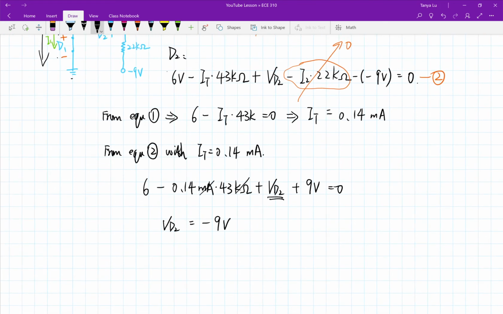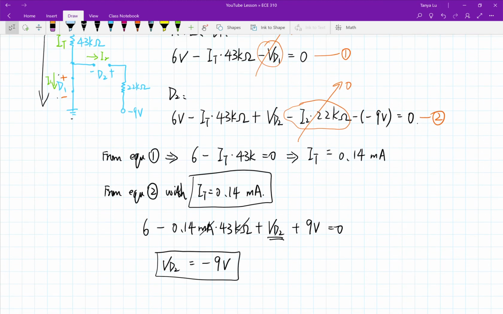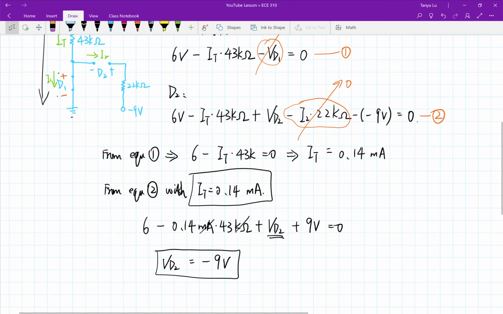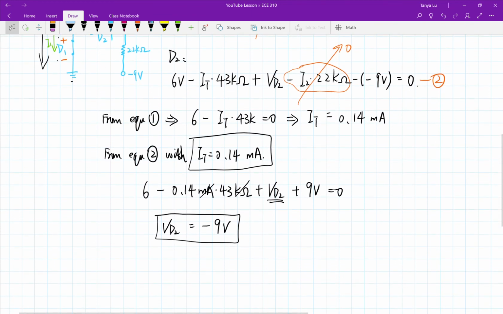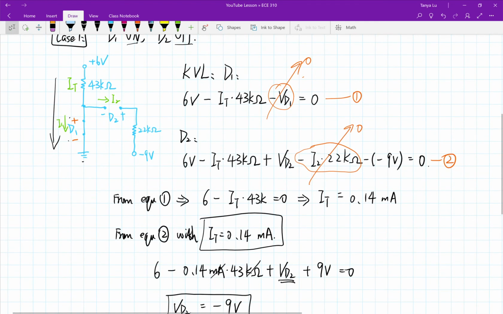We're not done yet. We have to check our condition based on our assumption. So we assumed D1 is on and D2 is off. So let's check. D1 is on, which means our current for D1, which is I1, has to be greater than 0. And based on our assumption, we know IT will equal I1 because I2 equals 0.